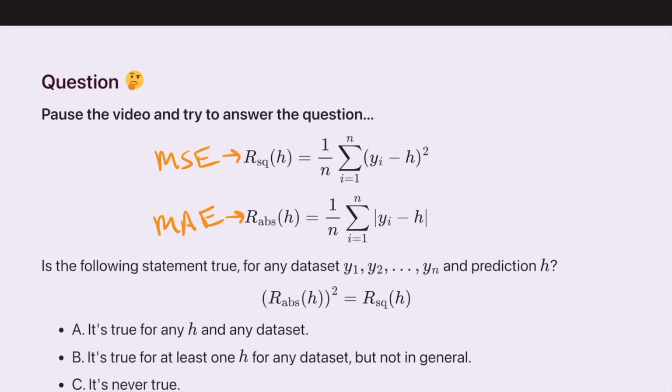Okay, so let's go ahead and think about this for A. It's true for any prediction in any data set. So let's start by expanding the summation for absolute error.